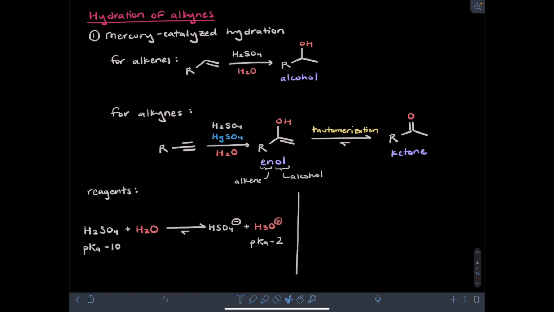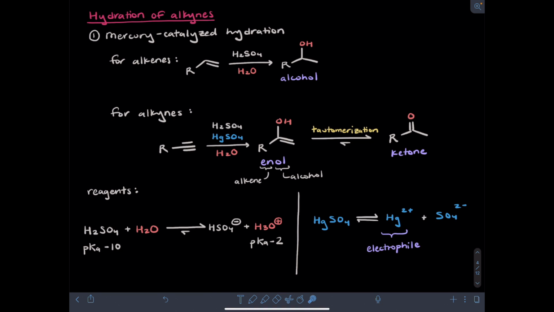As we saw previously, recall that sulfuric acid reacts with water in an acid-base reaction to form HSO4- and H3O+. Based on the pKa's of the acid and the conjugate acid, the product side is heavily favored. So in our mechanism, we're going to use H3O+ as the acid catalyst.